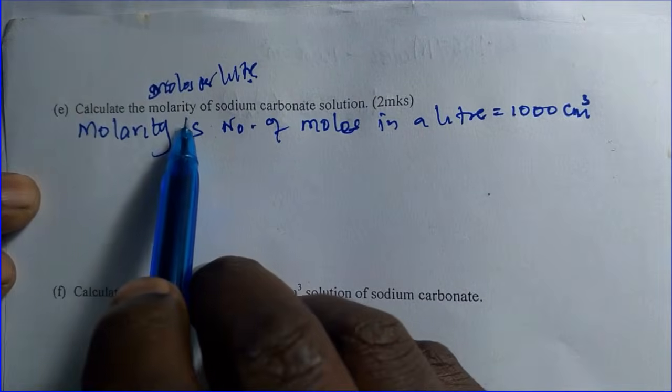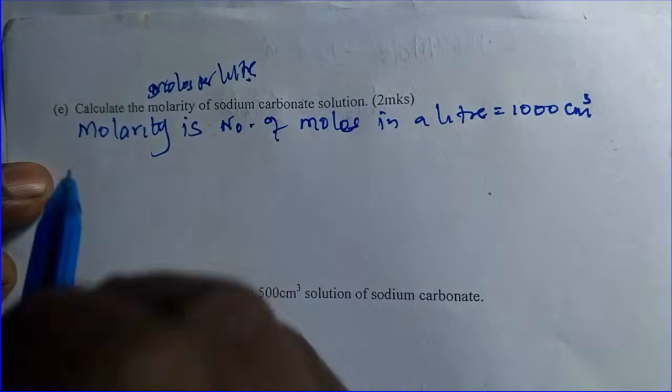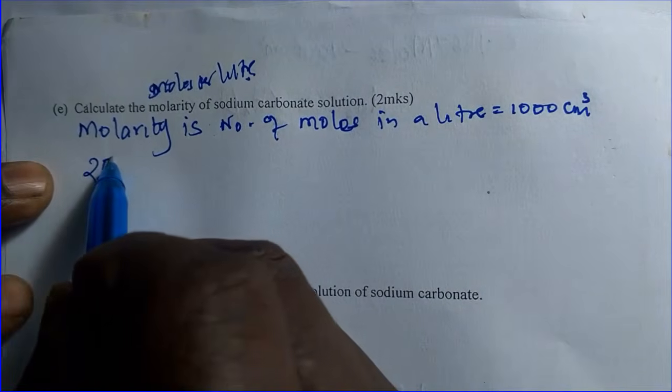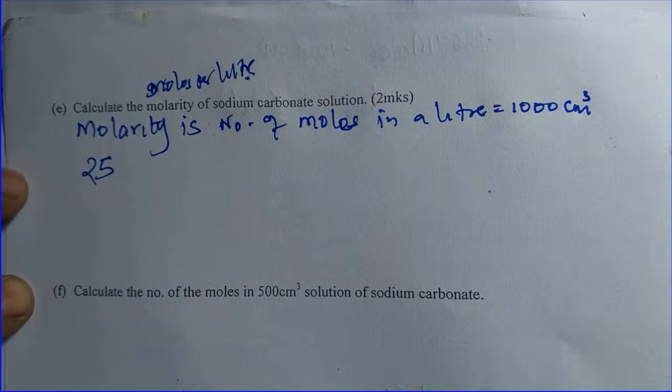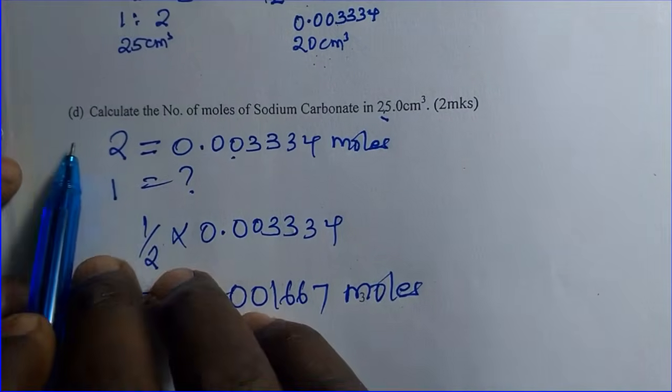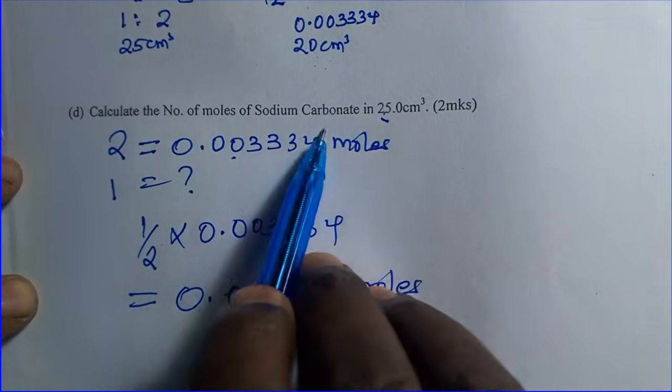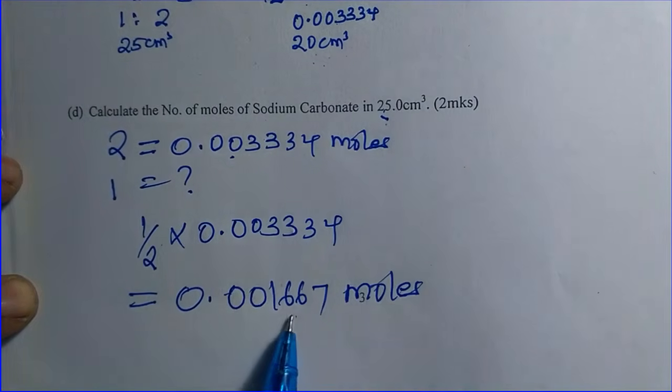We have the number of moles of the sodium carbonate in 25, the one we calculated in part D. This is the number of moles in 25. So we will ask, what about 1,000 centimeters? Because 1,000 is equal to a liter.